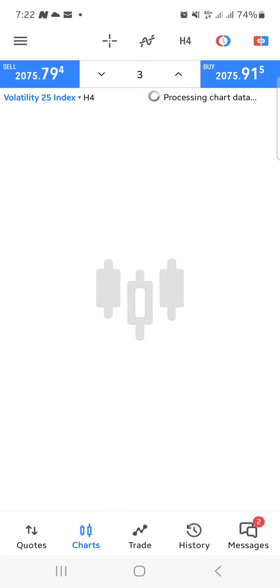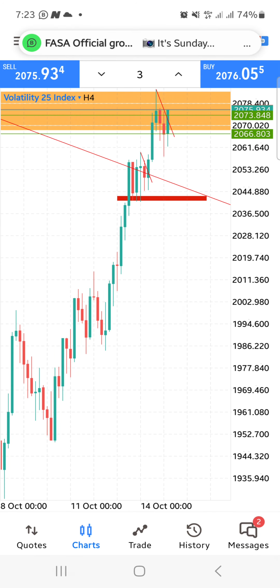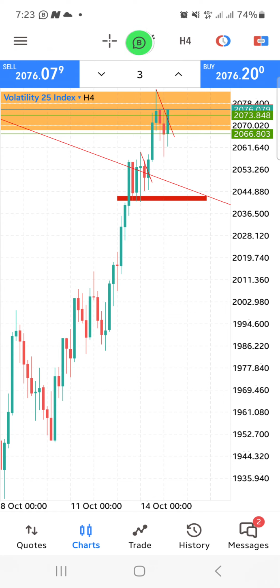V25. Yeah, so based on V25, let me string my... So initially, this neckline, this red line you see, is supposed to break, come back and retest before getting in.